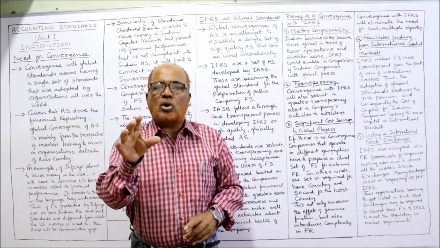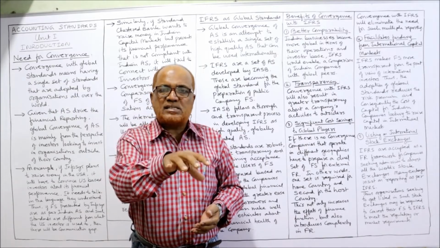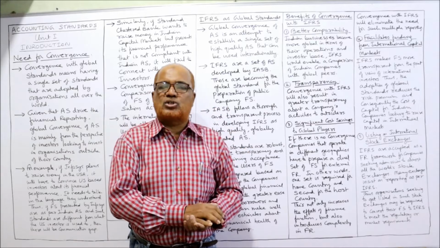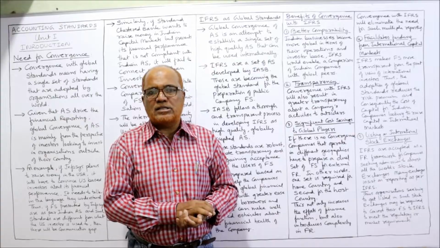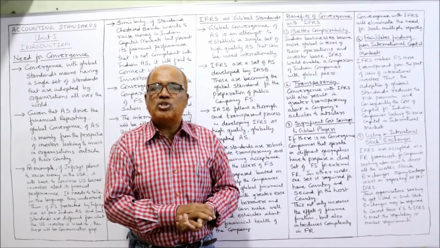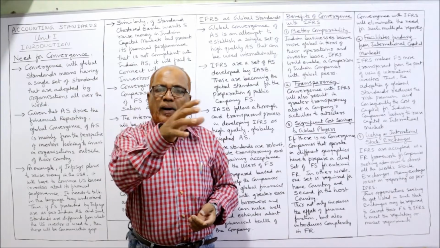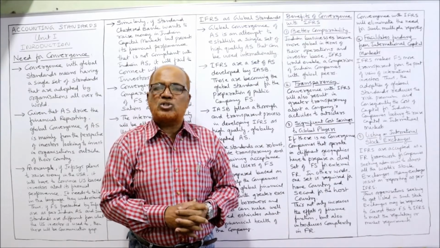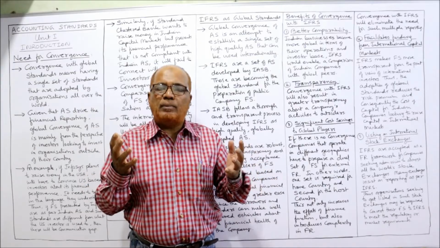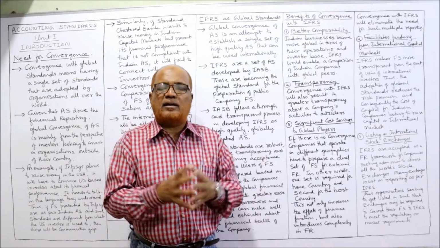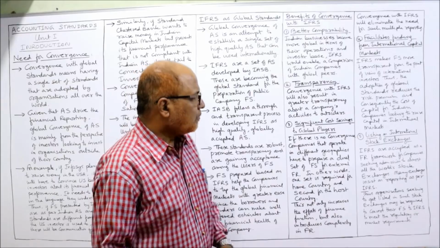But stock exchanges will put the rule that any company which wants to list in a particular stock exchange should follow the international accounting standards. That means there should be convergence with IFRS. Then only they are allowed to participate in the stock exchange. So normally any company who wants to play a part in the international market has to follow IFRS.